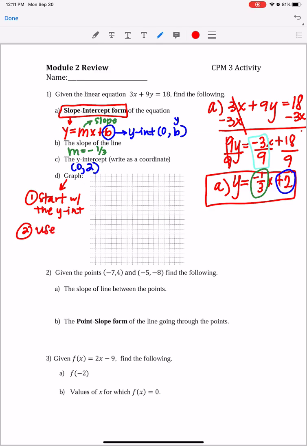Then use your slope to plot, I was going to say to plot 3 points, but to plot 2 more points.